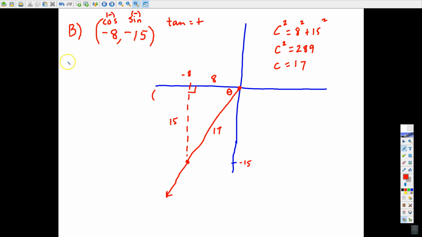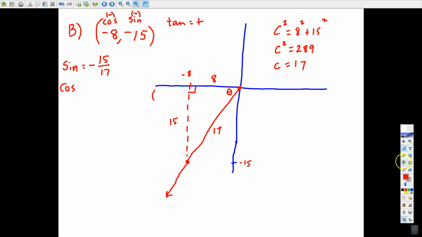All right, so let's just get to it. Remember, sine for theta is the ratio of opposite over hypotenuse. So it starts off being 15 over 17, but remember, in quadrant 3, sine is negative, so we got to make sure that we make the ratio negative. All right, cosine.